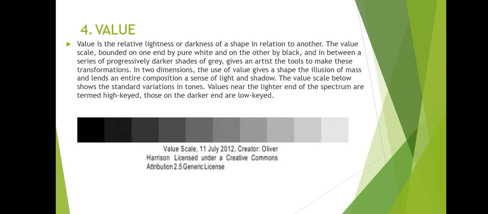The value scale below shows the standard variation of tones. The lighter end of the spectrum is called high key, and the darker end is low key. This element will decide what tone we are going to apply to your artwork.